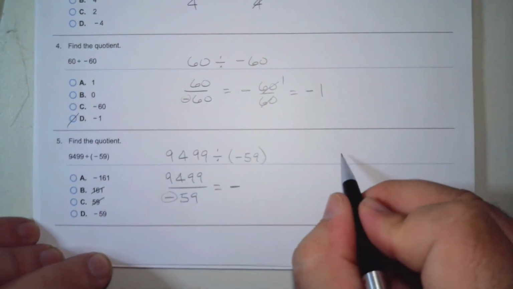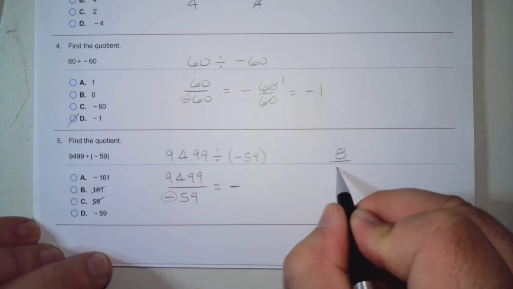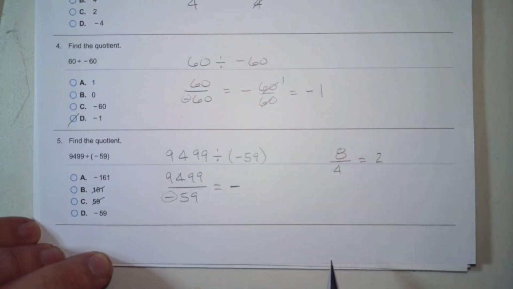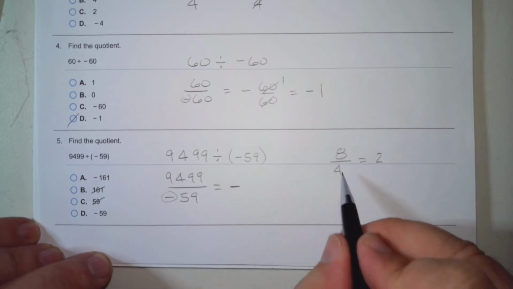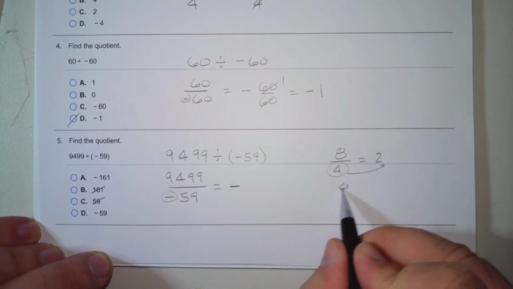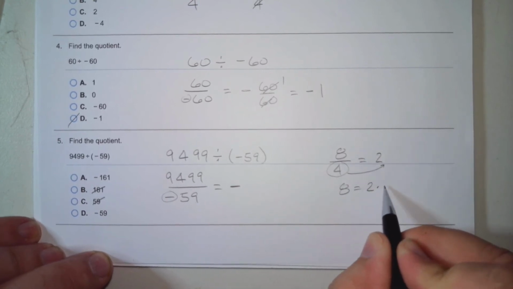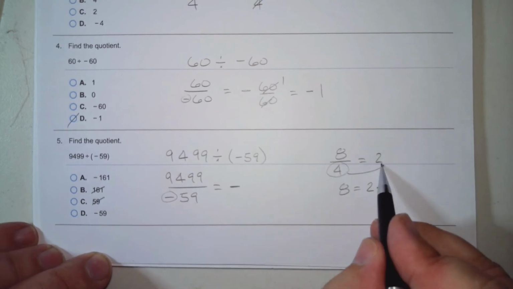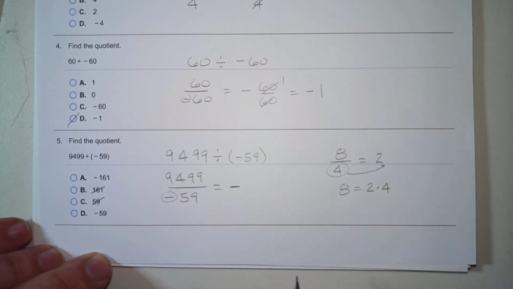Let's look at this, what this really means. When we had 8 divided by 4, that equals 2. How can we test that? Well, 8 is equal to 2 times 4. So whatever the bottom times the answer equals the top.